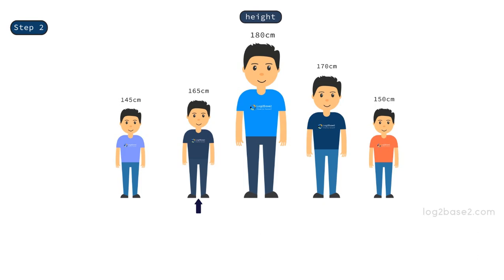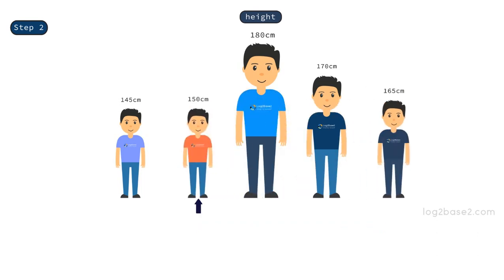And now compare the students standing at second and fifth positions. And see, the student at position 5 is shorter than the student at position 2. So we have to change their positions. We have to bring the shorter one into the front. And this step is also done now. And now we got the correct person for the position 2.